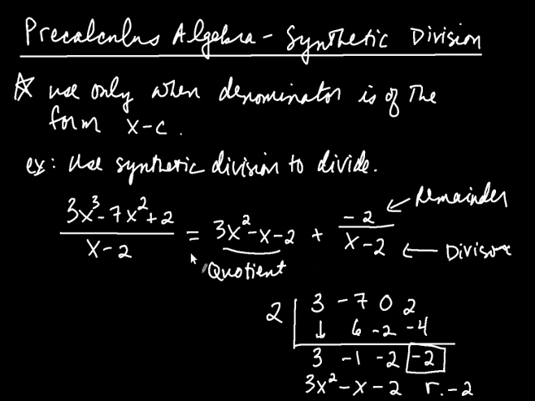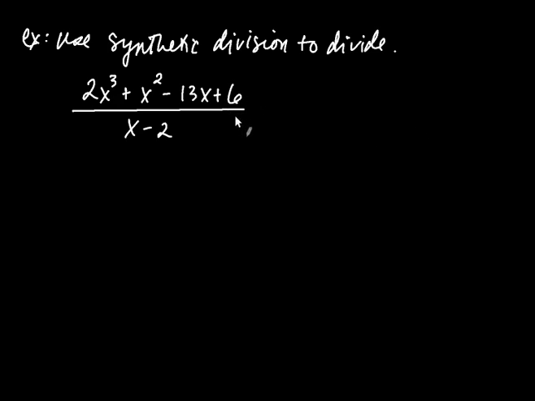Let's take another one to see what other information we can get from it, and what other options or circumstances we can run into. So let's use synthetic division to divide this polynomial by that one. Once again, the denominator is of the form x take away c, so I can indeed use synthetic division. So I write the 2 off to the side, and then I do this inverted division symbol.